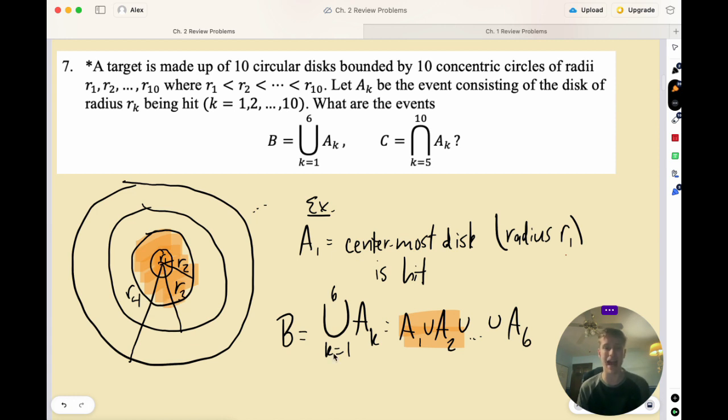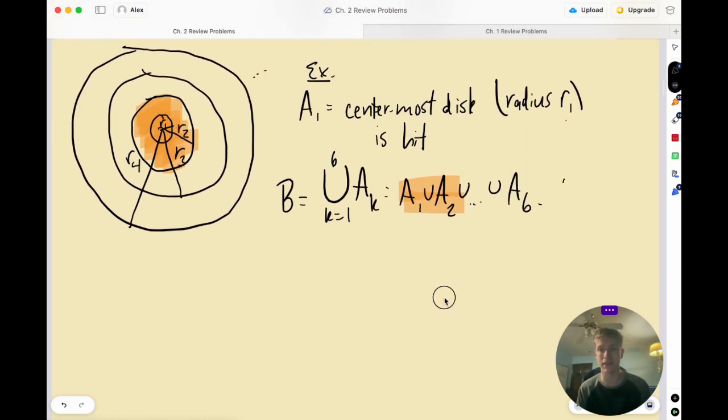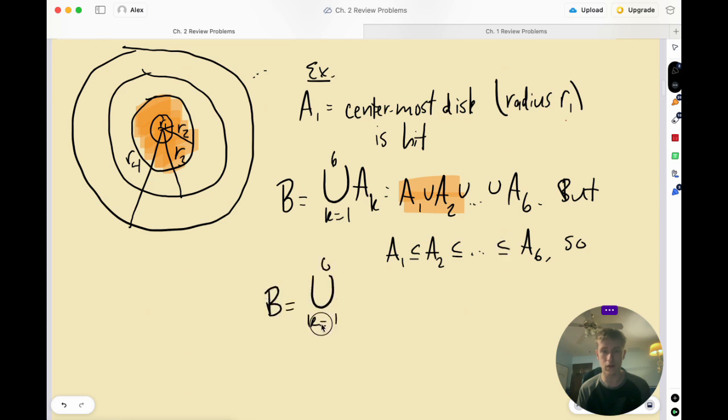But that's the same thing as this outermost disk just gets hit, since the event A1 is fully contained in A2. Another way to phrase that is the event A1 is fully contained in A2, which is fully contained in A3, which is fully contained in A6. So this union is really just the same as A6, right?